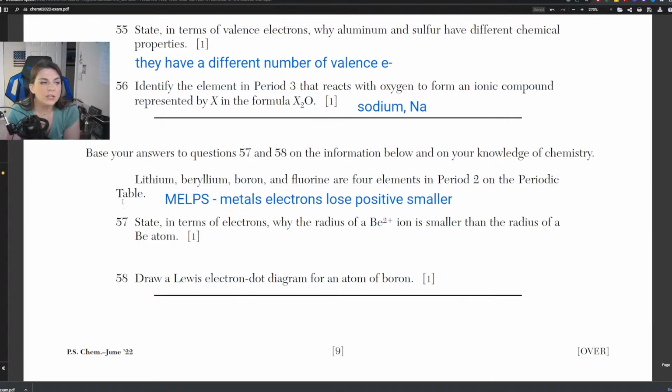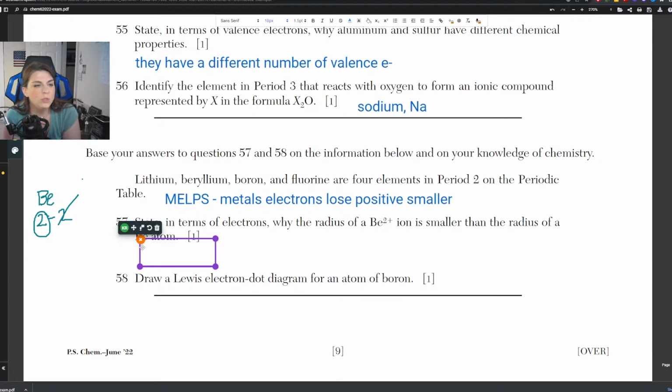And in terms of electrons, that is because beryllium now has an empty valence shell. So beryllium started out with a configuration of 2-2. And when it becomes a beryllium plus 2, it means that it gave those 2 electrons away and it only has 2 now.